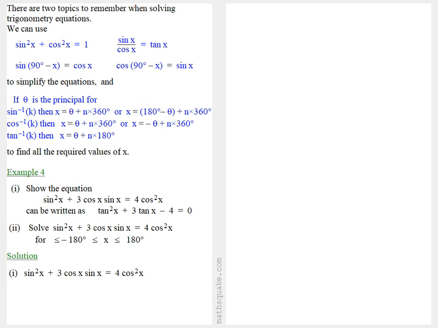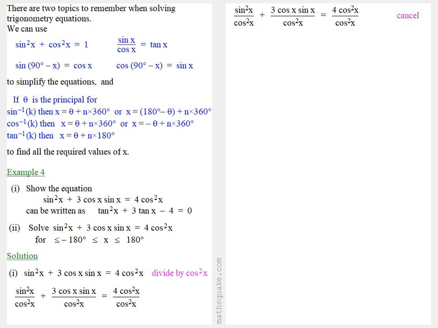Now to solve this, we've got sin squared x plus 3 cos x sin x equals 4 cos squared x, and we can divide all the way through by cos squared x. So sin squared x over cos squared x plus 3 cos x sin x over cos squared x equals 4 cos squared x over cos squared x.